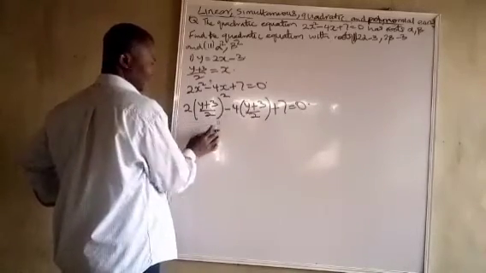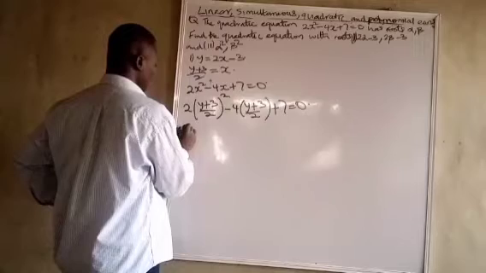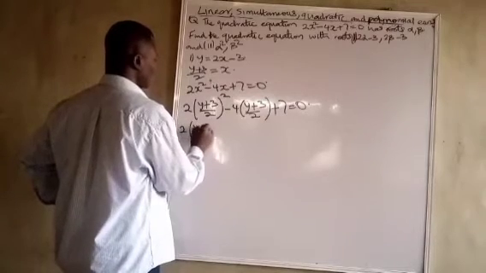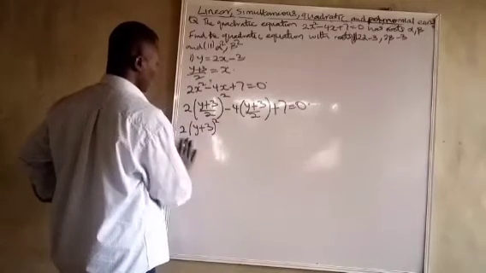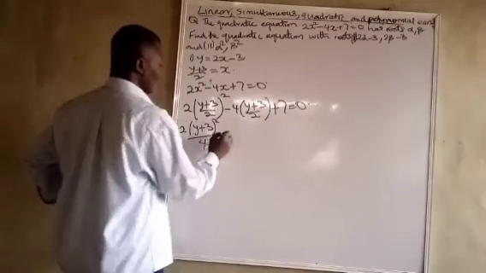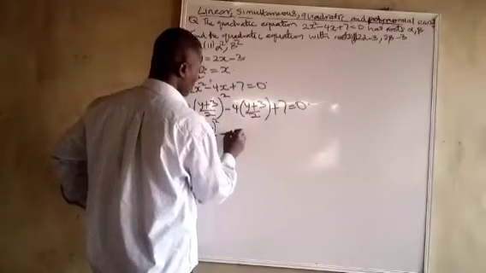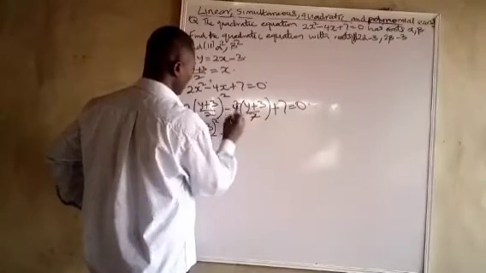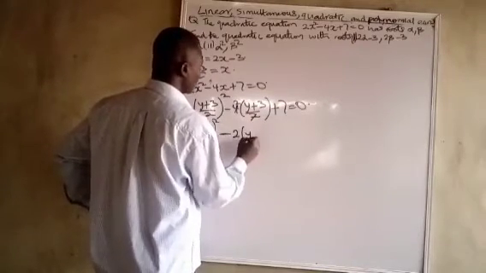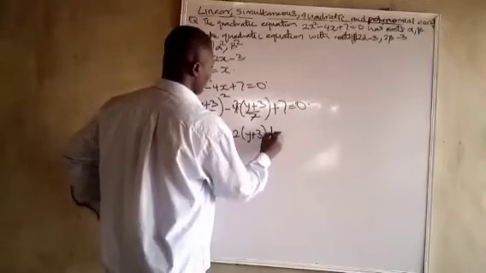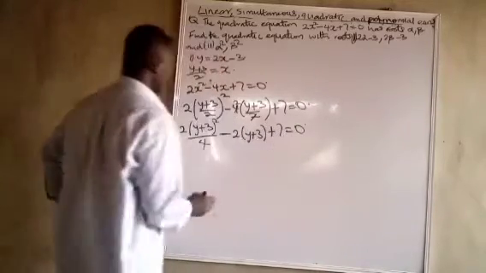Now I have 2 into y plus 3 squared over 4, minus, this one cancels this, so I have 2 into y plus 3, plus 7 equals 0.